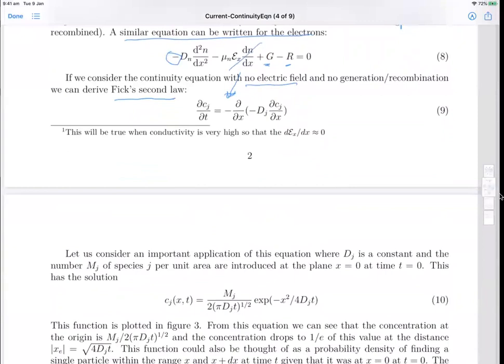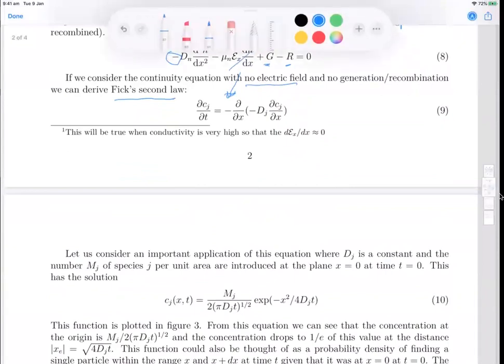So let's have a look at a scenario where we can apply the second law of diffusion. So we're going to have some species at some location.